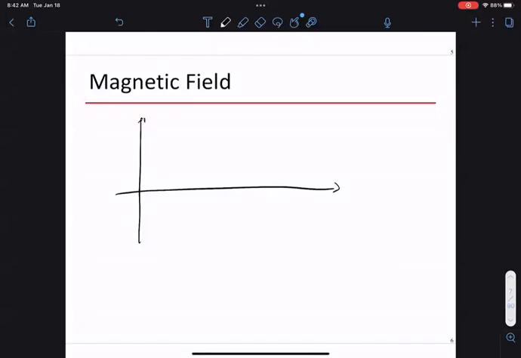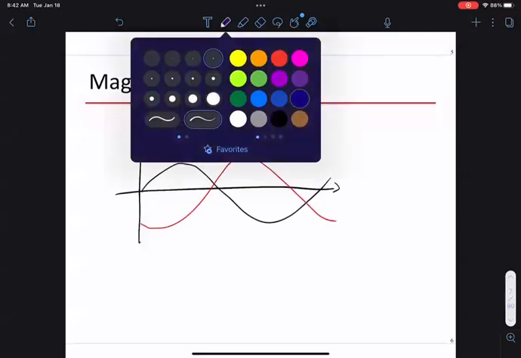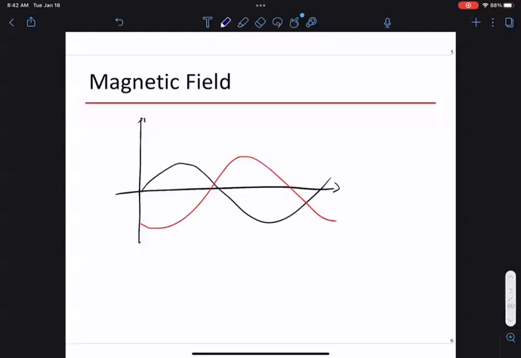Okay, so when you have 3 phases, we have phase A, we have phase B with an offset, and we have phase C with another offset. So this is our 3 phases. And when we have different phases, they induce a magnetic field, and we turn this magnetic field.